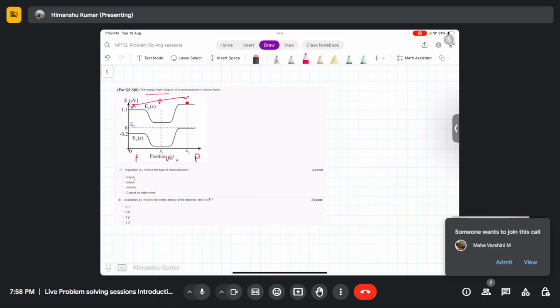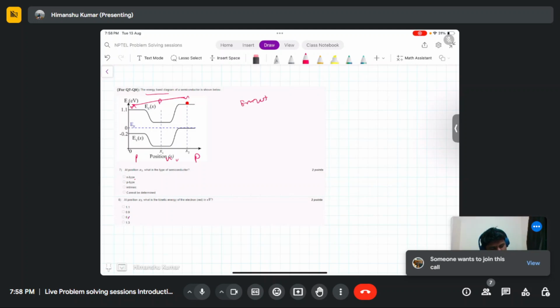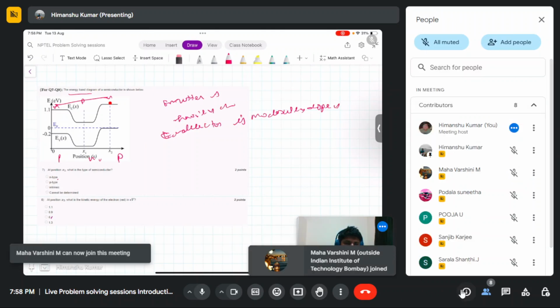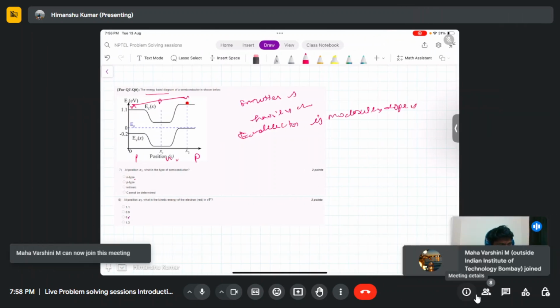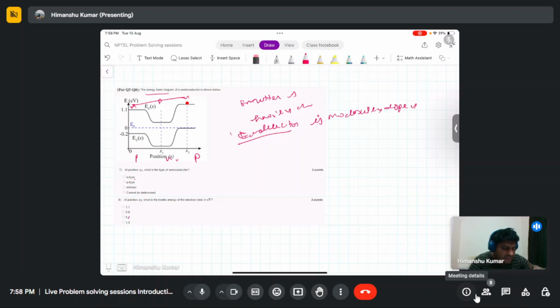In a BJT the emitter is heavily doped, the collector is moderately doped, and the base is moderately or lightly doped compared to this.